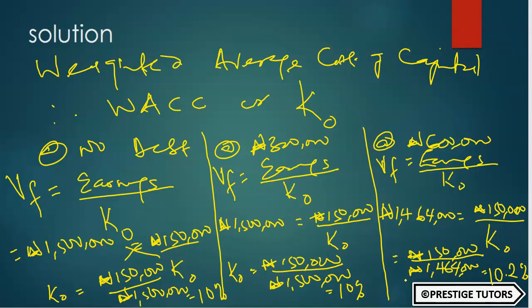But at the point when we got to 600,000 naira debt, can you see that the cost of capital to the organization now started going up? At this point, the company is at optimal value. It cannot go further to take debt, because the more debt is taken after this, the value will keep dropping. The value has already dropped to 1.4 million. The cost is now going up.